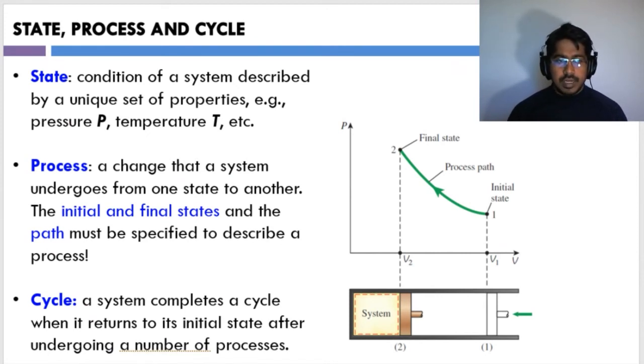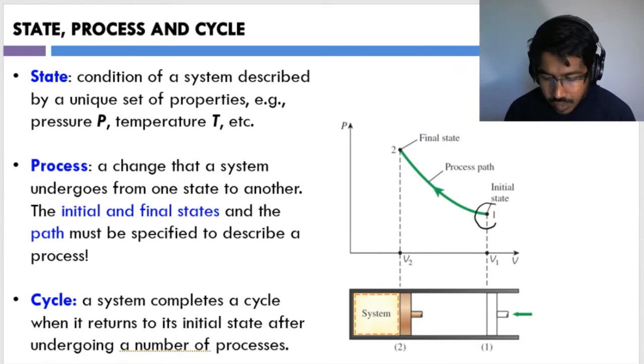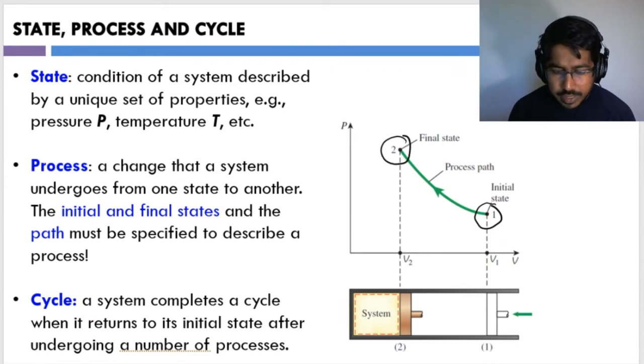So state: the condition of a system described by a unique set of properties, right? Let's say in this figure here, 1 is a state and 2 is a state, because we can define that using temperature, pressure, volume, and other thermodynamic properties. How many properties are needed to define a state? We'll discuss this in the coming lectures, right?